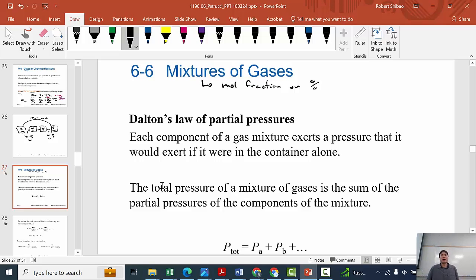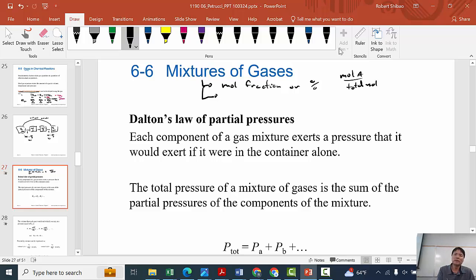Or we could leave it in fractional form. That's one way of describing a gas mixture, the mole fraction of each component. So I might do moles of A over total moles. That's the fraction. And if I want to convert it to a percentage, then I'll multiply it by 100%. But oftentimes we'll leave it as a fraction.